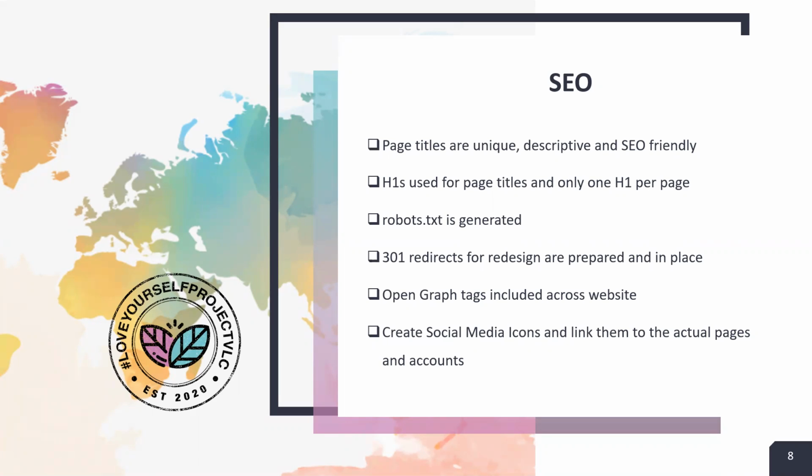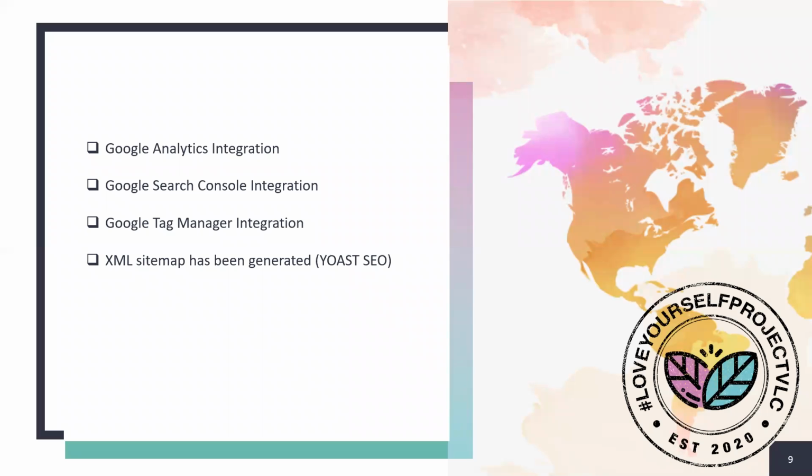You have Open Graph tags included across your website. You've created social media icons and linked them to the actual pages and accounts. Now with Google Analytics, you've started the integration, the same thing with your Google Search Console, your Google Tag Manager, and you've generated your XML sitemap, again using Yoast SEO.